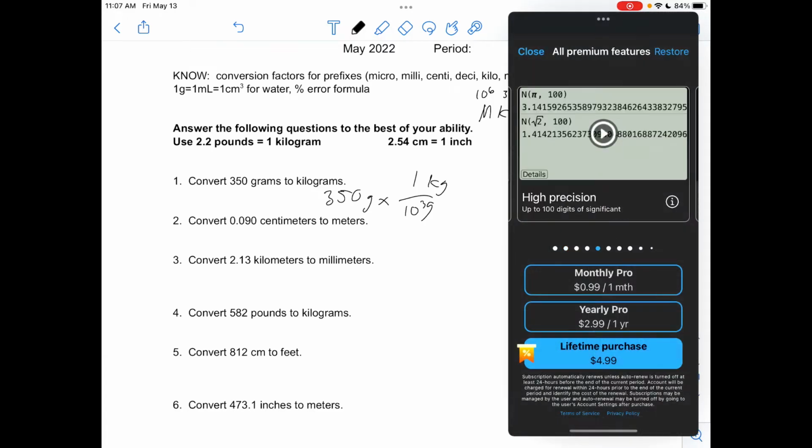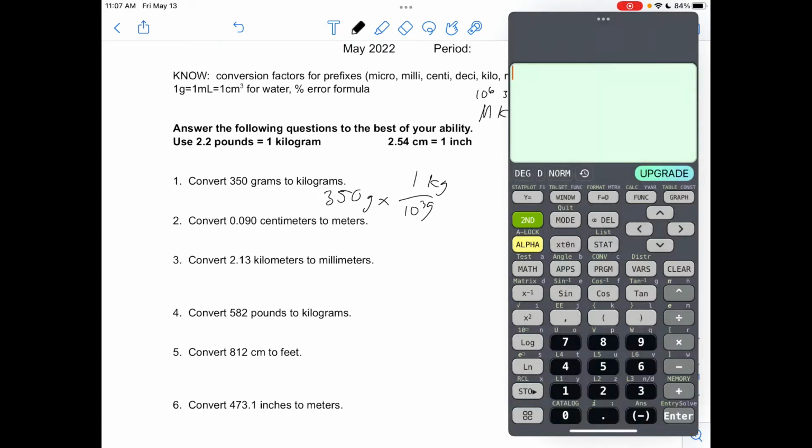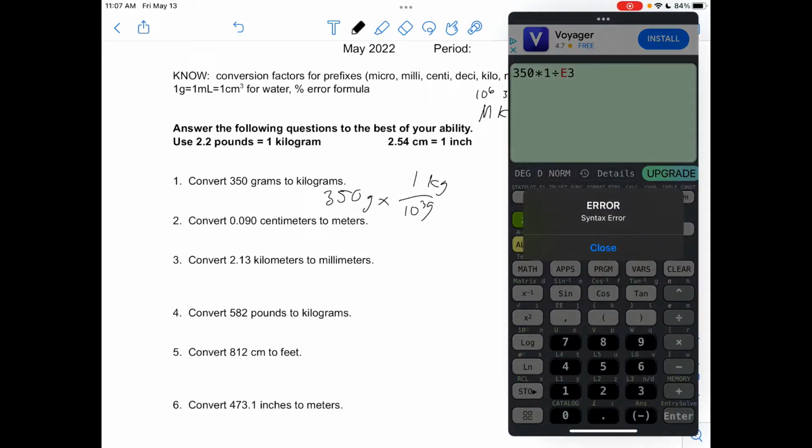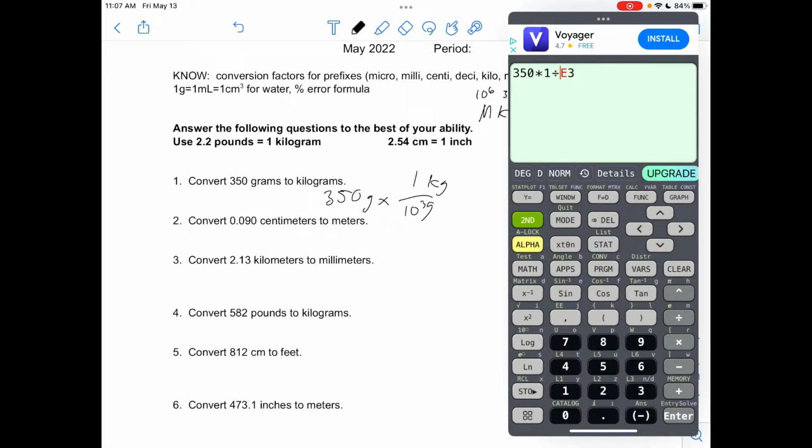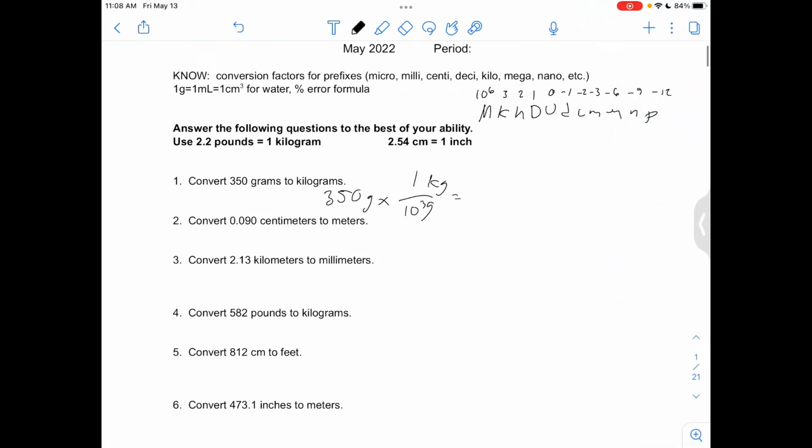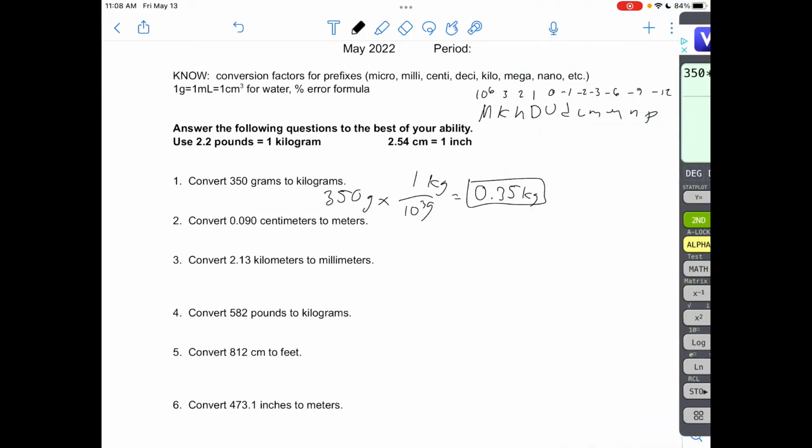In my calculator, I'm going to do 350 times 1 divided by 1E3, and I get 0.35. Grams cancel, and I'm left with 0.35 kilograms.